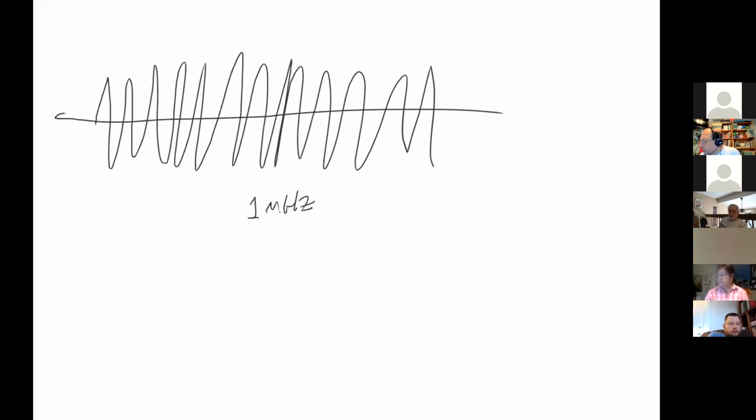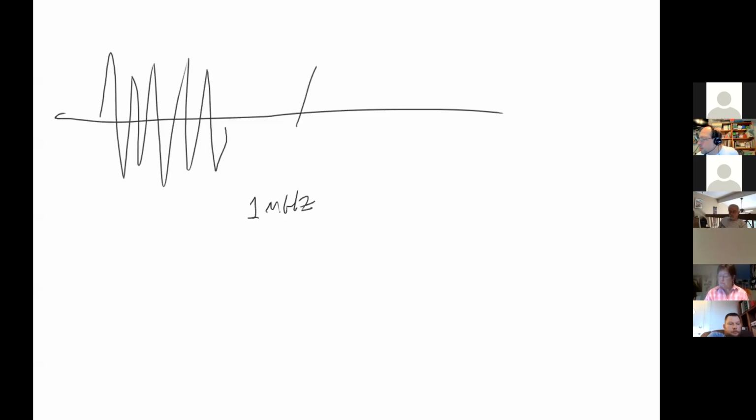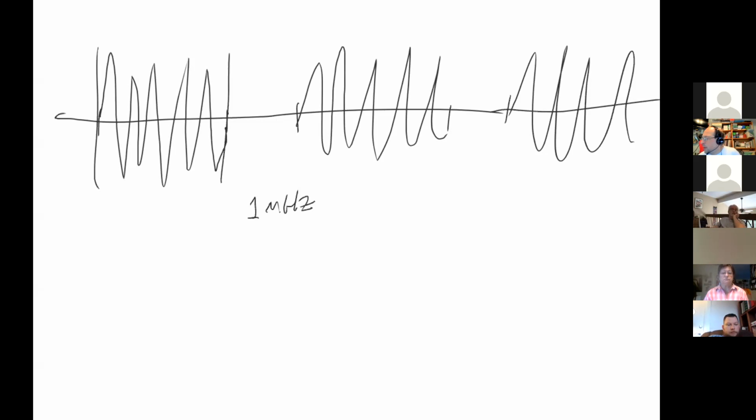But what if I were to take this and make it so that it would turn off every so often? And somebody else knew what that meant when it turned on and turned off. That is then information. This is called on-off keying. The simplest form of on-off keying, anyone know what that's called?